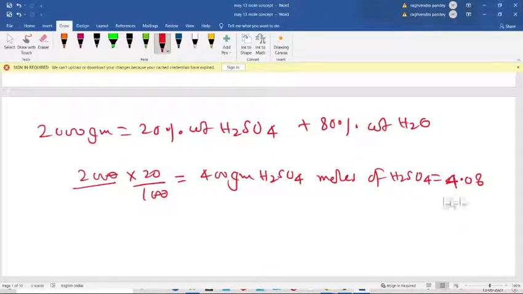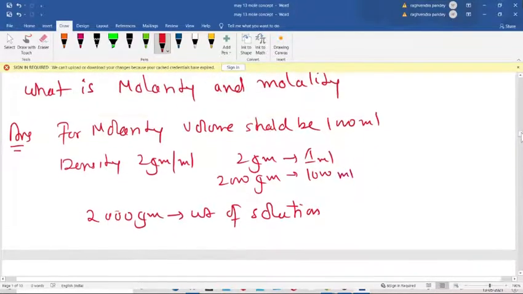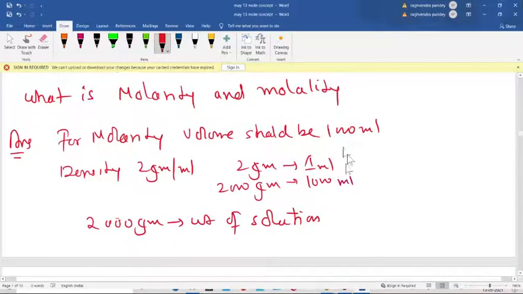Got it. Now how much volume did we take? We took 1000 ml because molarity is always in 1000 ml.